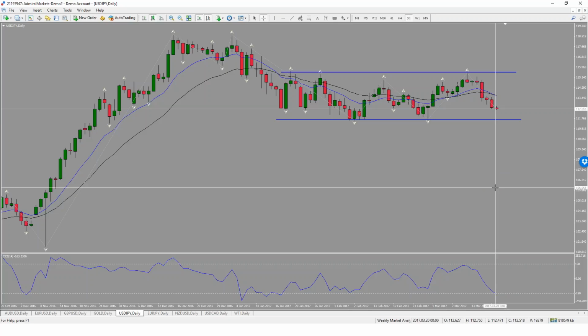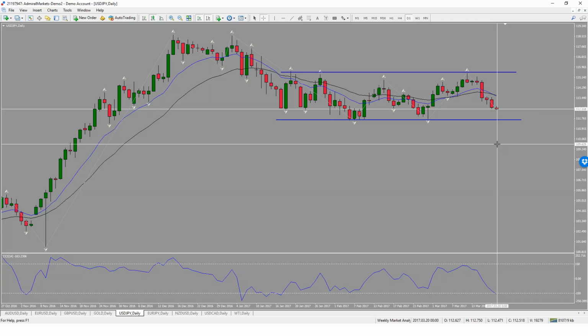There's signs that after this particular candle, if this candle finishes, say here, like this, the CCI is already low. The moving averages are just crossing.